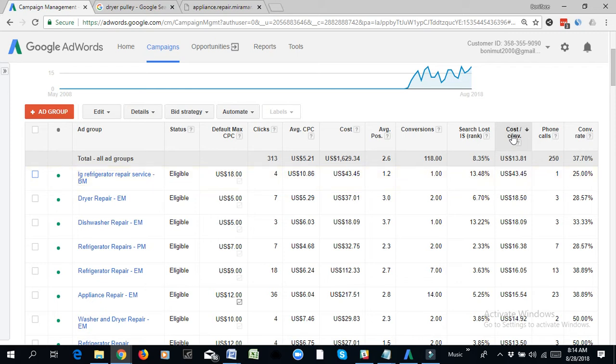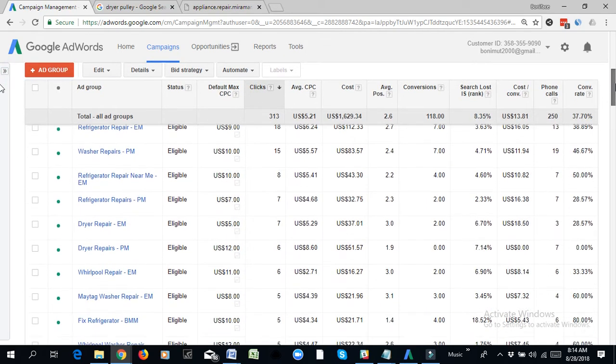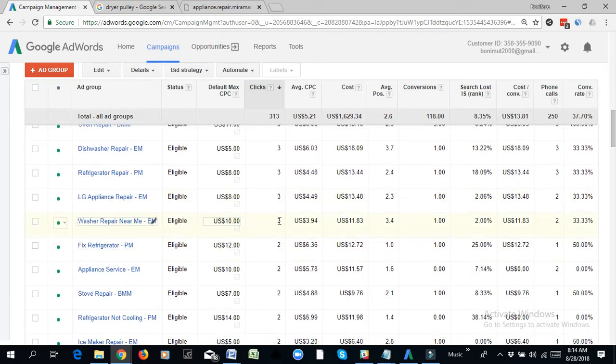After looking at the cost per conversion, the ones that are very high, the next thing to do is to sort by clicks. And when I sort by clicks, I move down up to the point where we have 3 clicks.